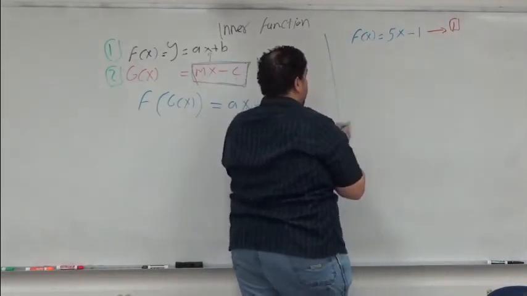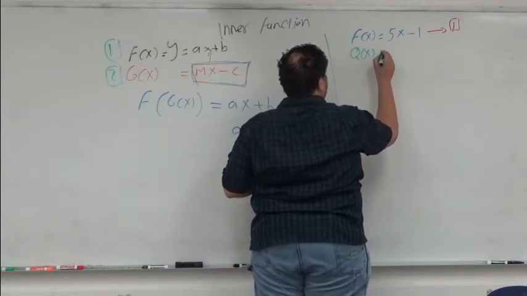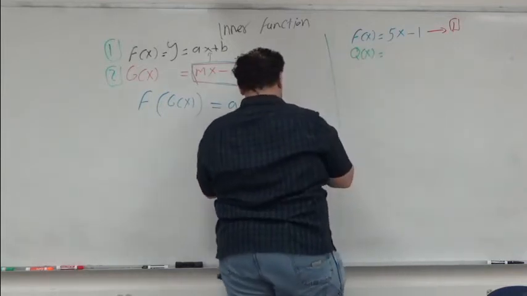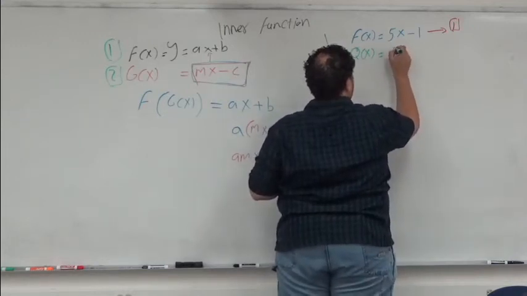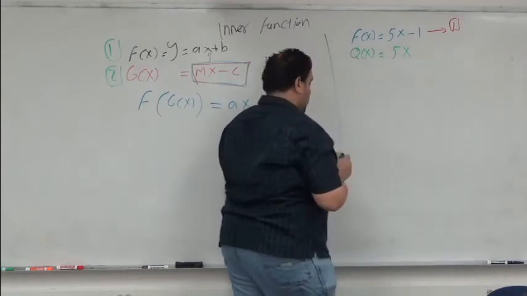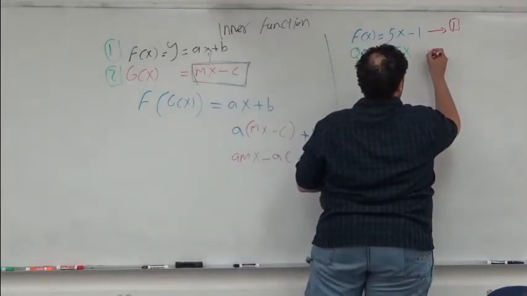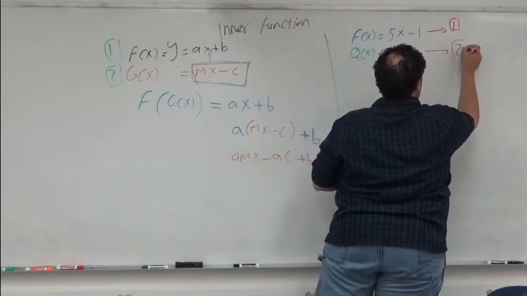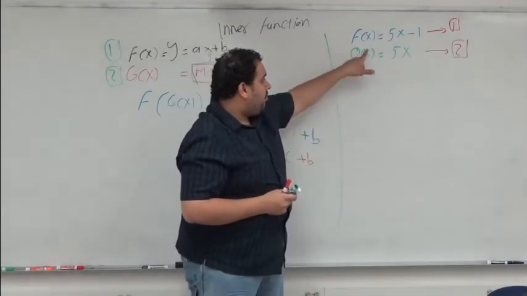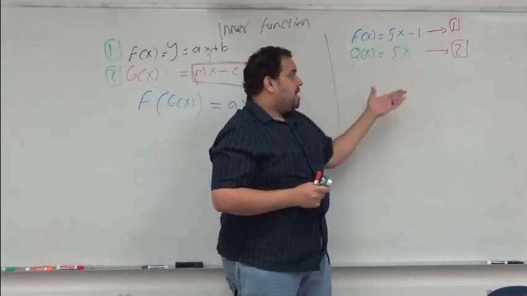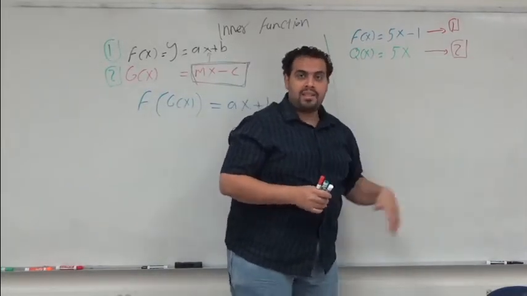Then we have q of x equal just 5x, and this is number 2. So equation number 1, we have f of x equal 5x minus 1. Equation number 2, or function number 2, q of x equal 5x.